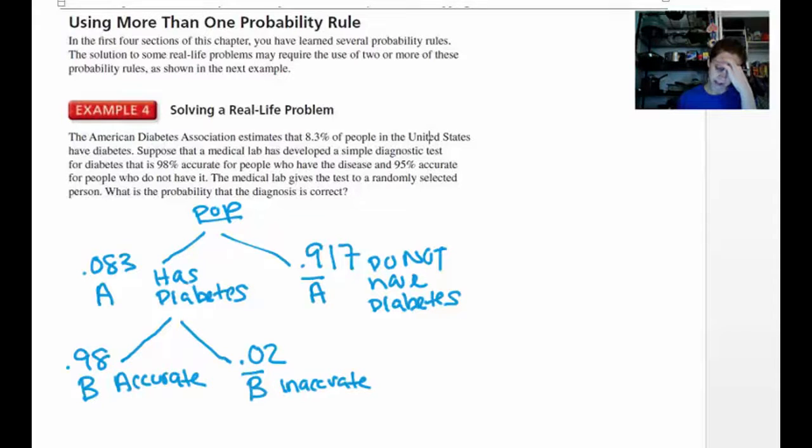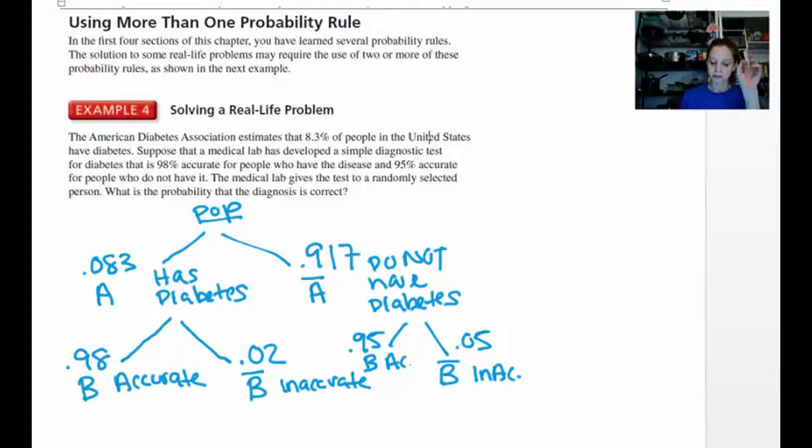And 95% accurate for people who do not have it. So if you do not have diabetes, the test is 95% accurate or 5% inaccurate. Right? This is accurate, this is inaccurate.